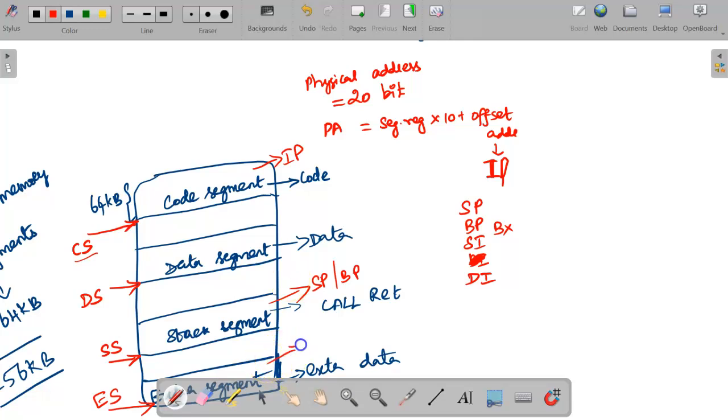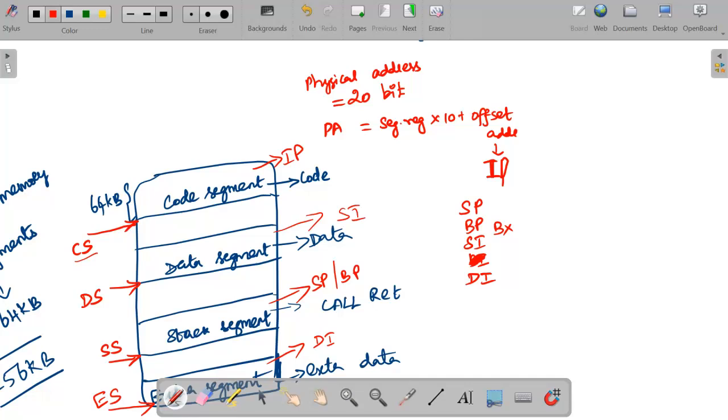And then for the extra segment, the offset is given by DI. And if it is a string operation, then the data segment will particularly use the SI register as offset.